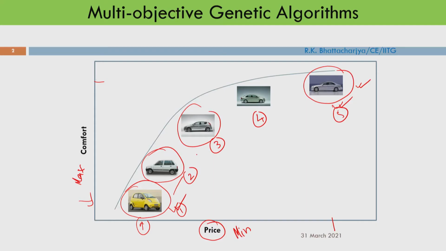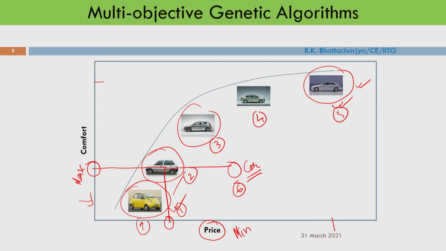Now, suppose this is a particular solution. This is the comfort level of this solution, and this is the cost level of this solution. Now, I have another car somewhere here, maybe solution 6. If I compare solution 6 and solution 2, I can say that solution 2 is better than solution 6, so solution 6 is inferior to solution 2.